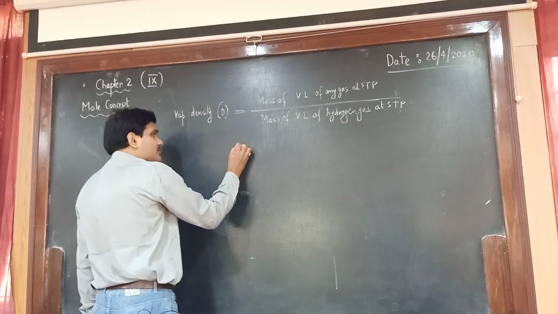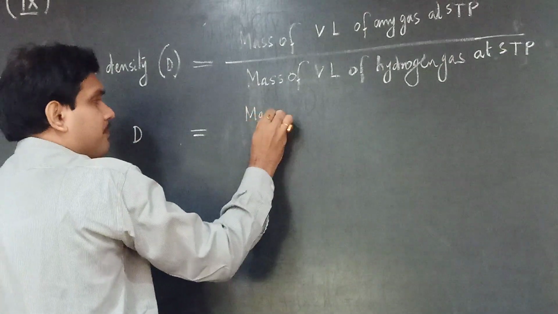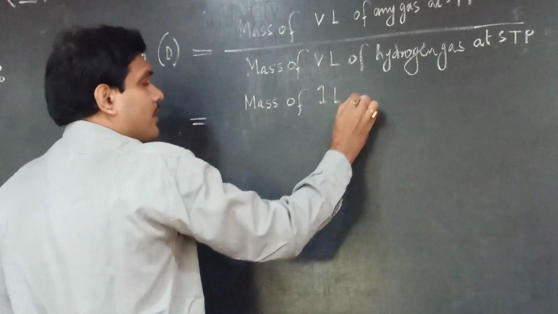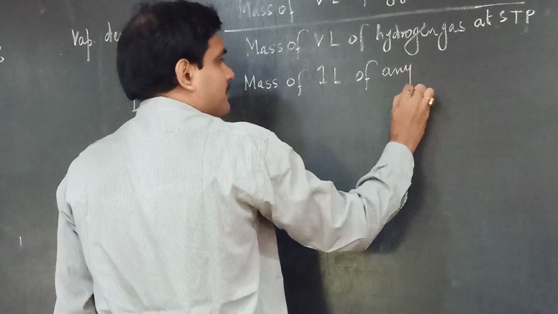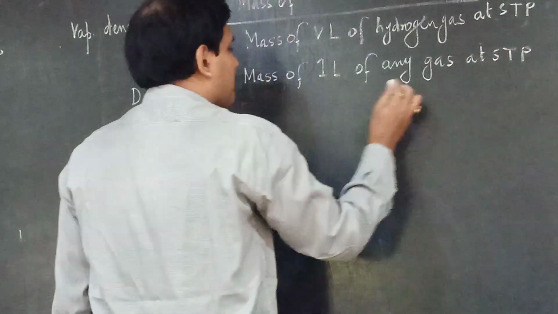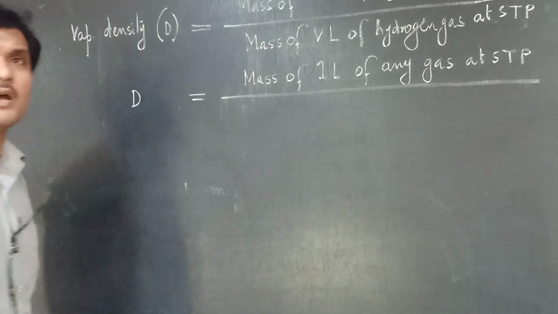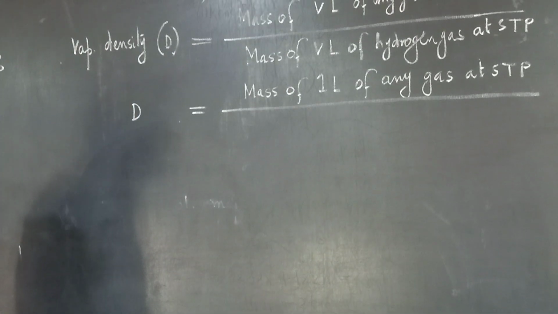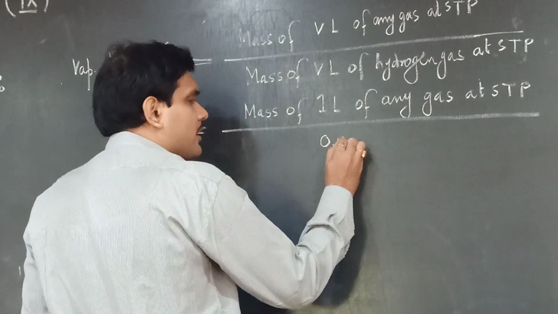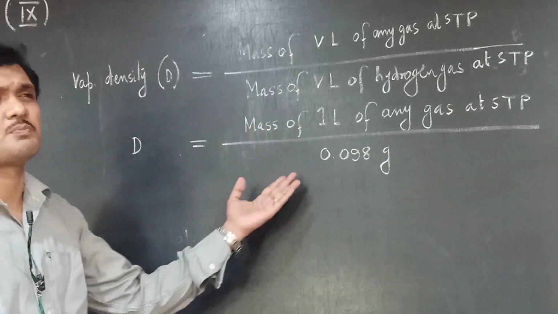Next step, D is equal to the mass of 1 liter of any gas at STP by the mass of 1 liter of hydrogen gas. Now the mass of 1 liter of hydrogen gas is known to us. That value is 0.089 grams. In some books it is written as 0.09.